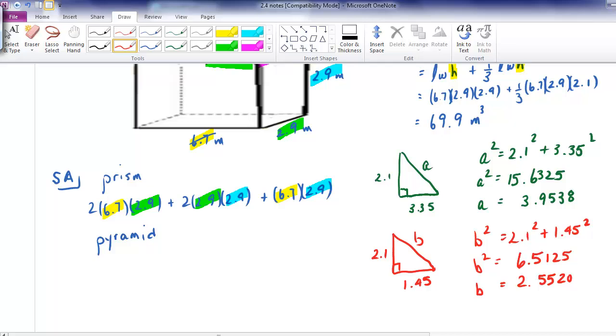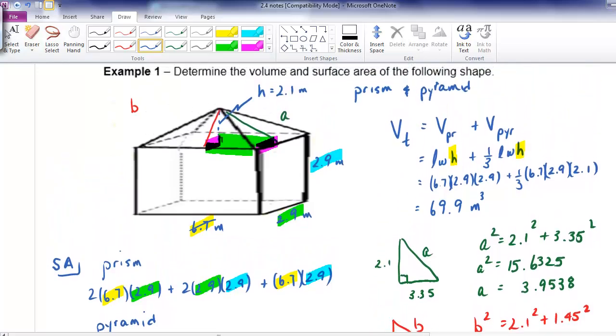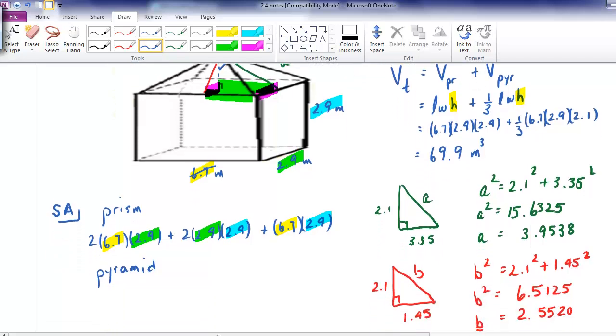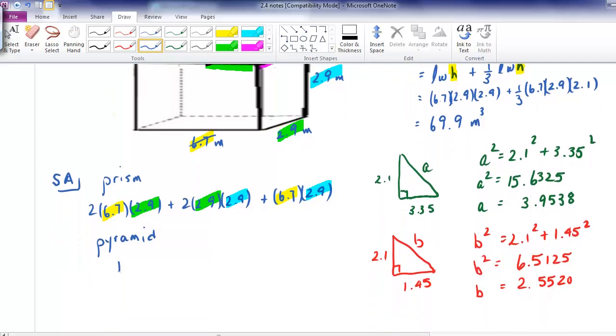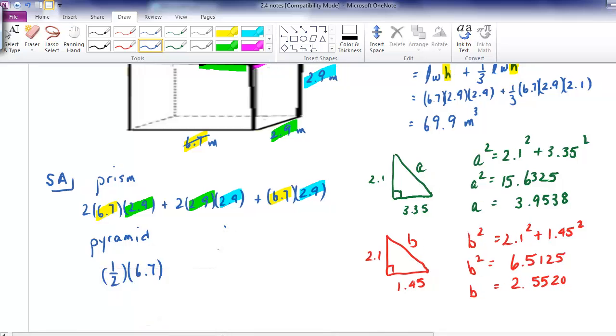Now, given that we've figured this out, what we can then do is use those calculations in figuring out the surface area of a pyramid. Remember, it's triangles. So let's look at the front and back face where I have my red slant heights. The formula is 1/2 base. Well, the base of that is 6.7, and our slant height is 2.5520.